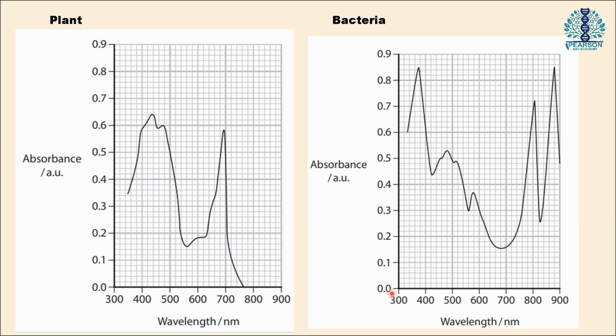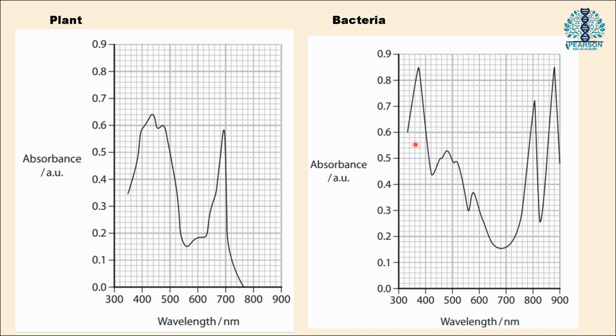You can see the bacterial pigments absorb light from 320 to 900 nanometers, while the plant pigments absorb in a narrower range from 330 to 760 nanometers. So the plant pigments have a more limited absorption range, and we know that after 760 nanometers they can't effectively absorb light.